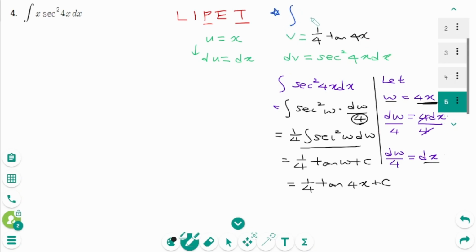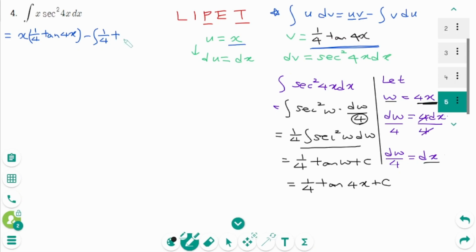The integral of u dv equals uv minus the integral of v du equals u means x, v means 1 over 4 tangent 4x, minus the integral of v, 1 over 4 tangent 4x, du means dx.